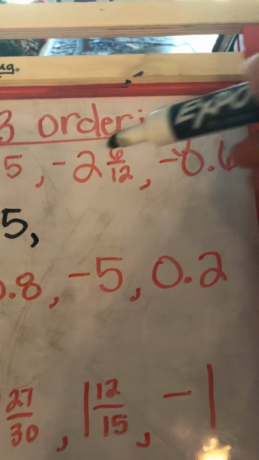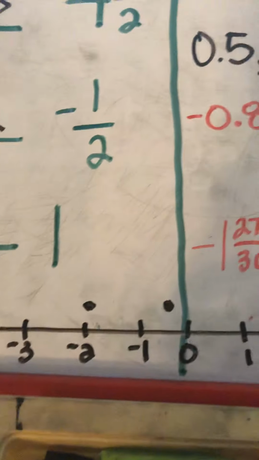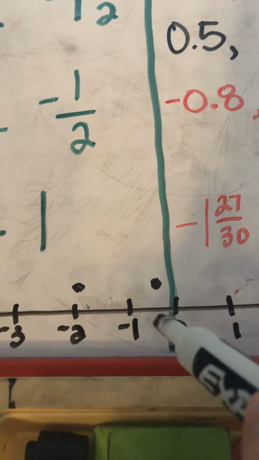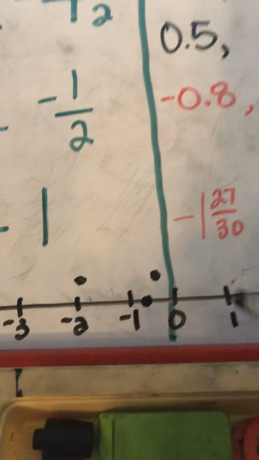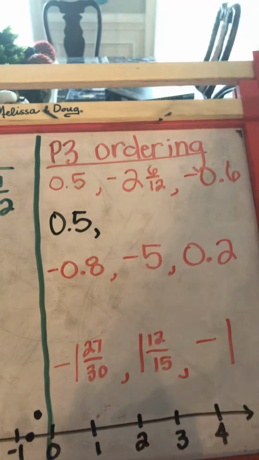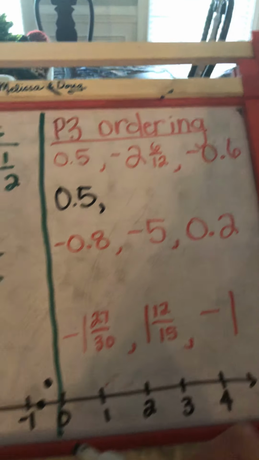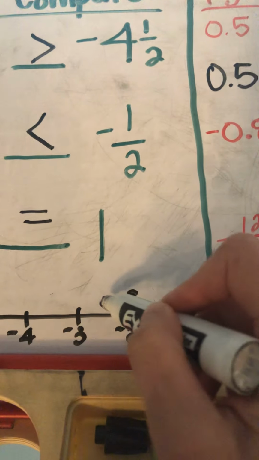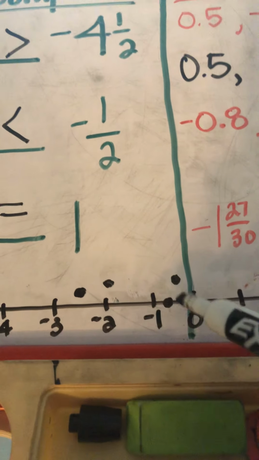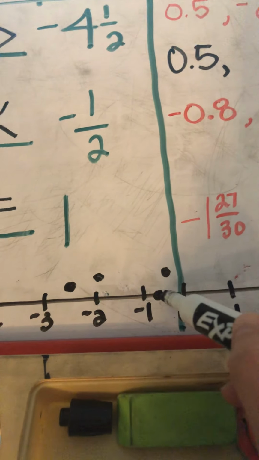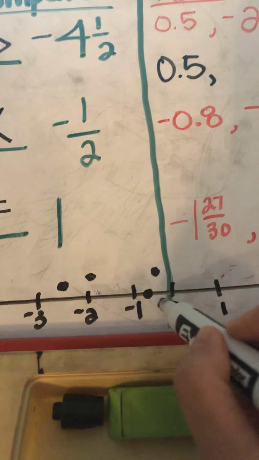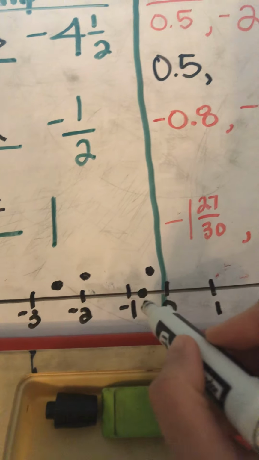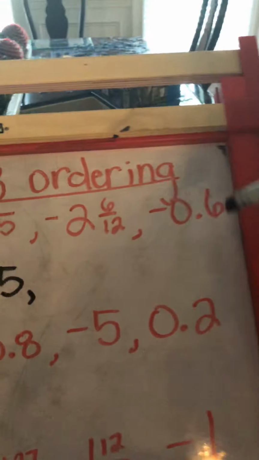Well, if I go down to my number line right here, negative 0.6 would be a little bit over halfway. And then negative 2 and 6/12 would be negative 2 and 1/2, which would be right here. So the one that's furthest to the right on the number line is the greatest one, and that would be my negative 0.6, right?